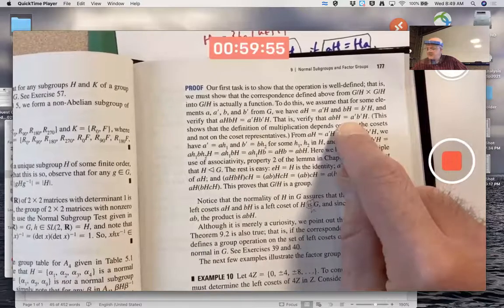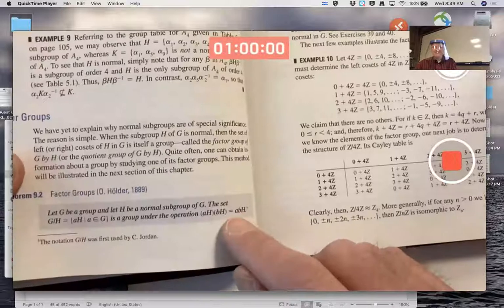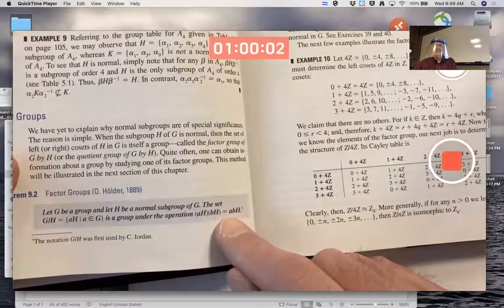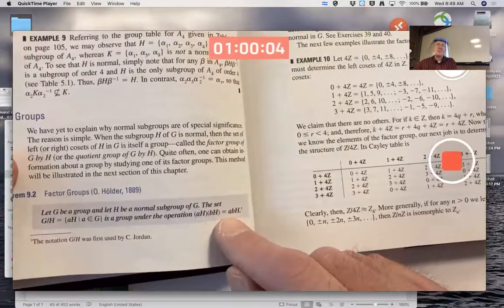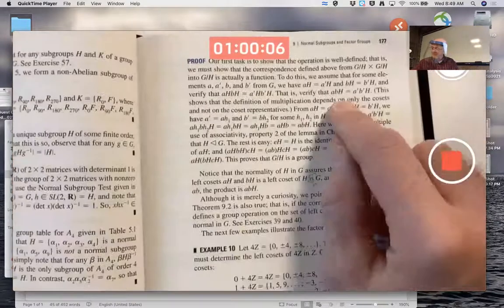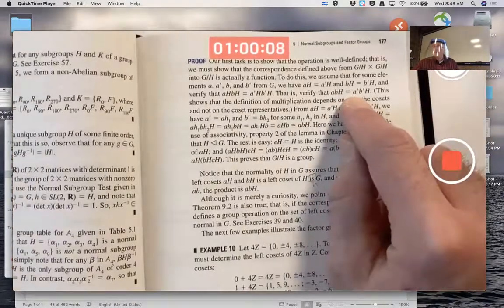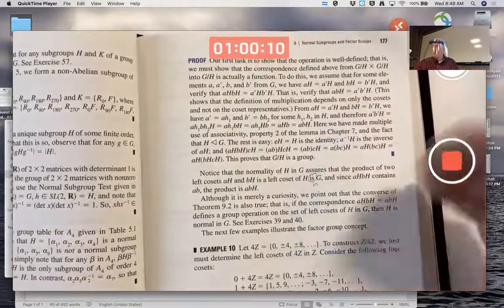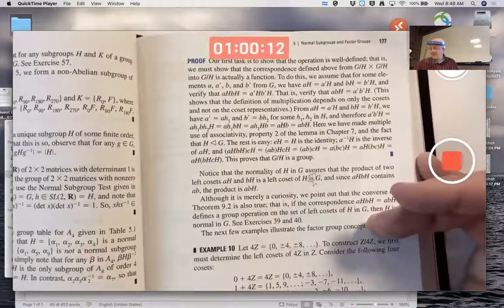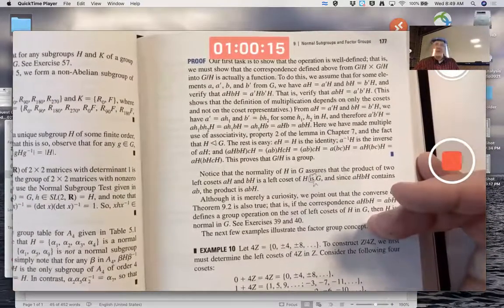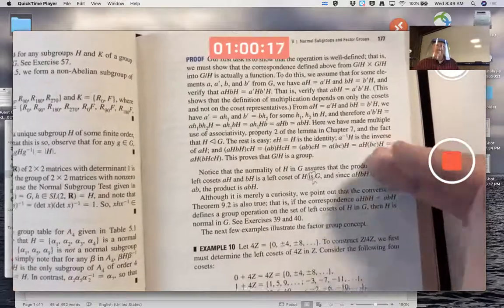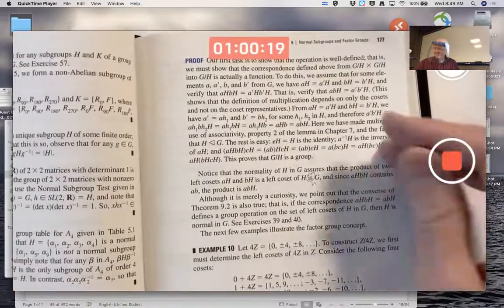Are these two left cosets the same? If I use the formula with A and B, I get an answer. Do I get the same answer with A prime and B prime? Are those two sets equal? That's what they verify using properties of cosets, but it's tricky. But very important. Make sure you understand this proof.